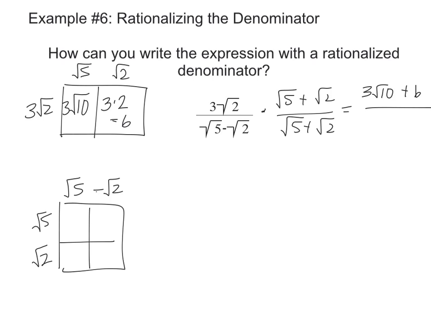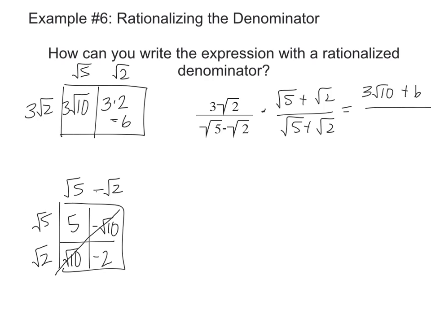All right, square root of 5 and square root of 5 is 5. This is going to be square root of 10. This is going to be negative square root of 10. And this is going to be a negative, and then square root of 2 times square root of 2 is 2. Okay, these are opposites.